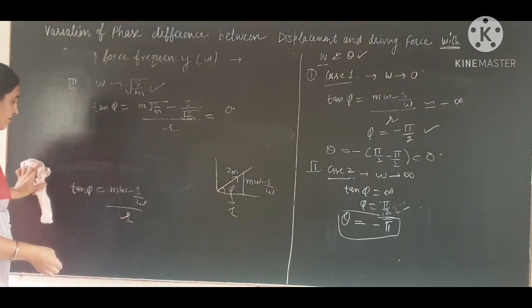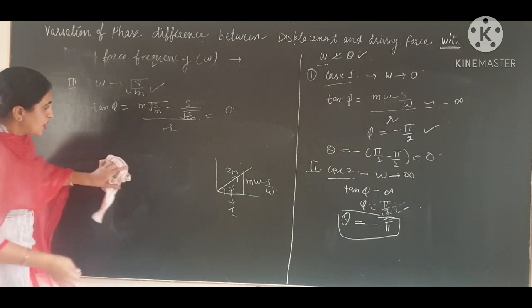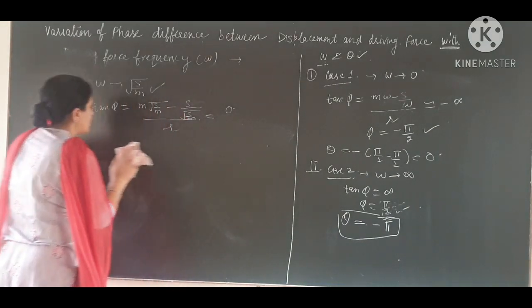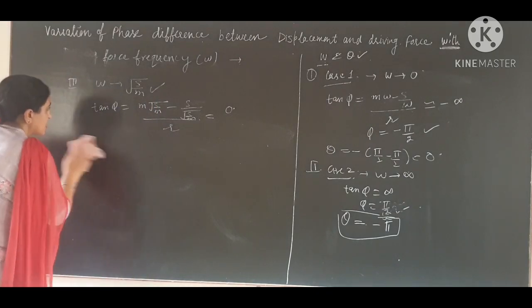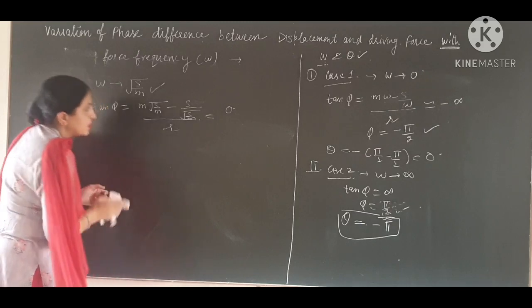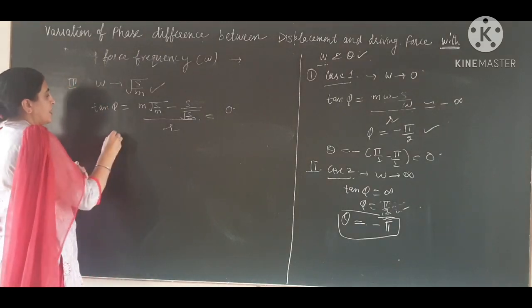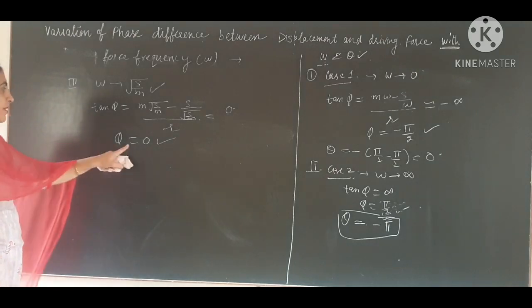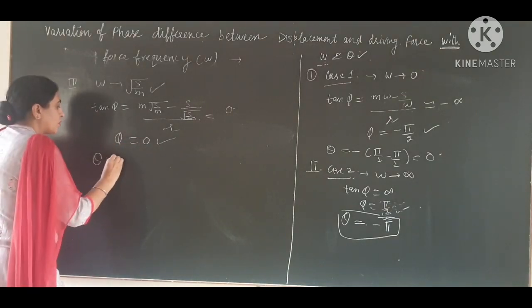When tan phi is equal to 0, phi is equal to 0. And when phi is equal to 0, what about theta?